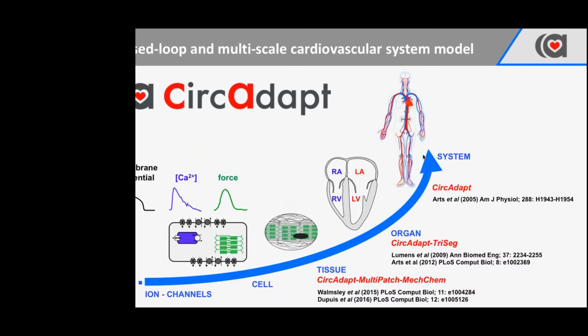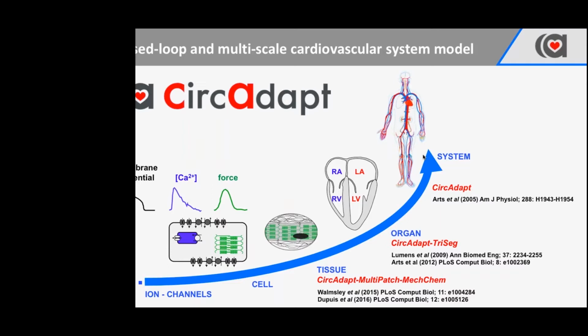Then in 2008, we wanted to construct a model which could be used to estimate right ventricular pressure. In order to do so, we had to adjust our original two-sphere model into a double bubble, a soap bell model. That was the CircAdapt TriSeg model, which was published in 2009 and further on in 2012.